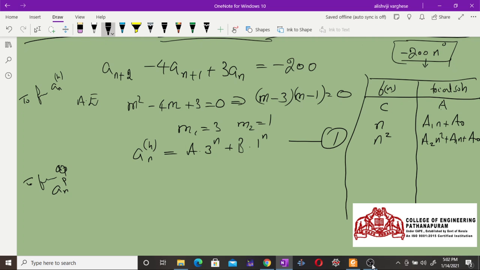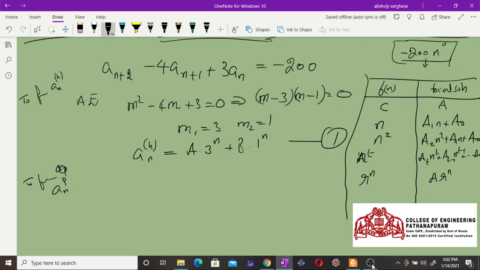Or in general, if we have an expression like n raised to t, or a polynomial of order t, then our trial solution is a general form of a t-th degree polynomial, a t n to the t plus etc. up to a0. And if it is of the form r raised to n, where r is a real number, then our trial solution is of the form a into r raised to n, where a is an arbitrary constant.